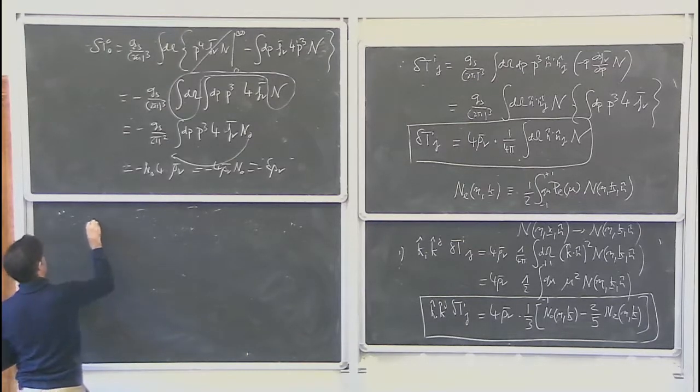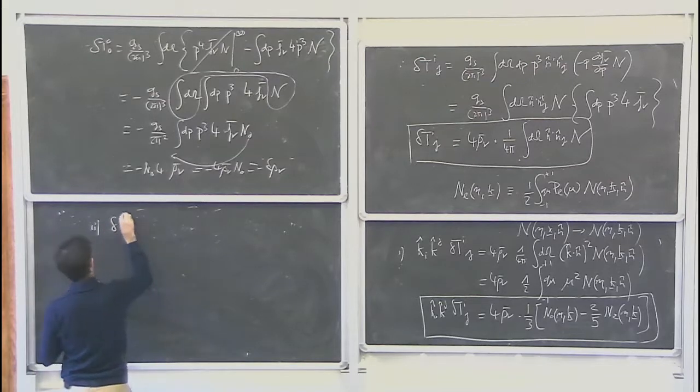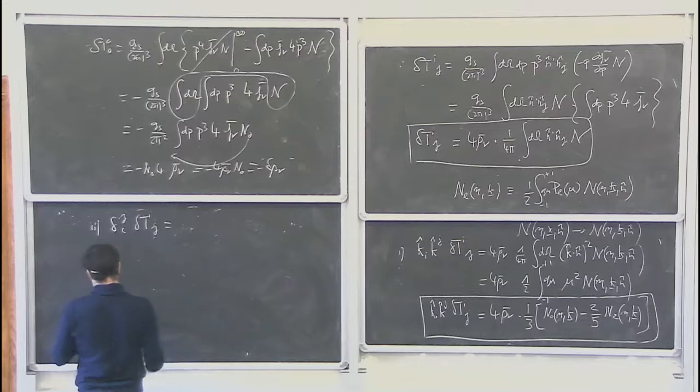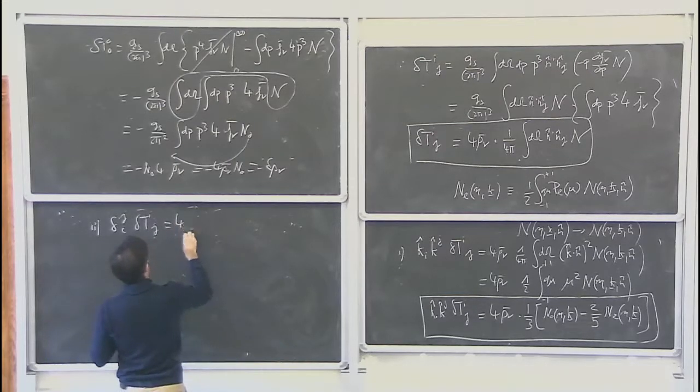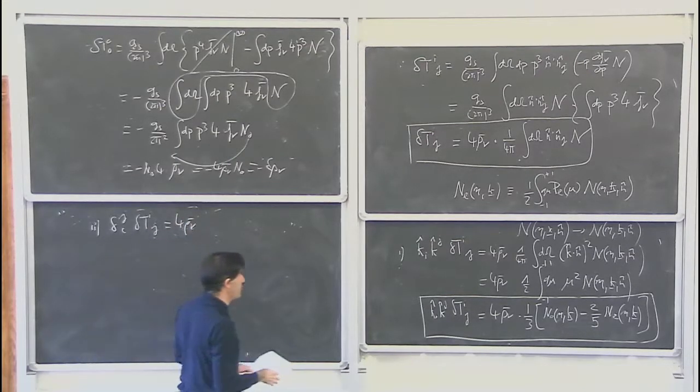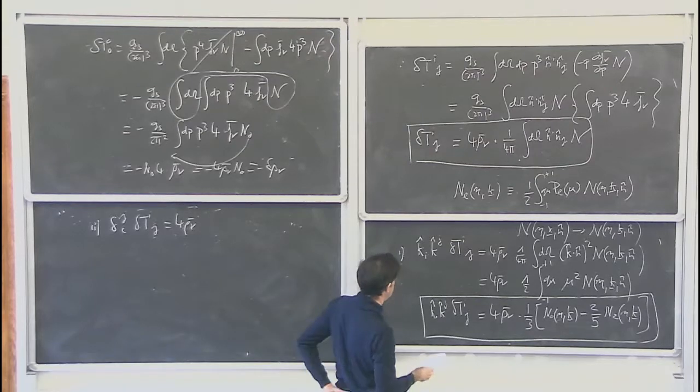So then we look at this. So what is this? Well, it's 4 rho bar nu. So again, same story. There is a 2 pi squared that goes away, so there is this 1 over 4 pi left.